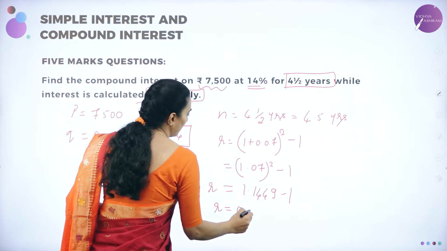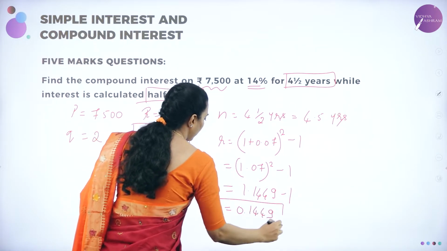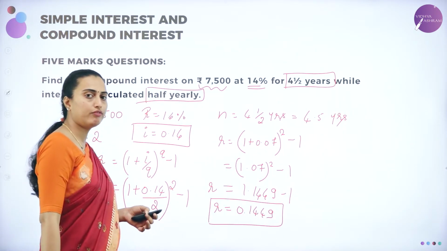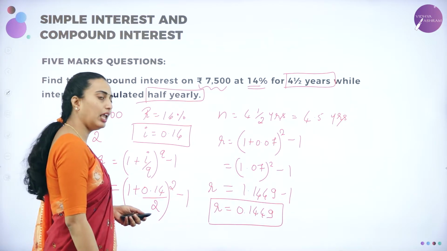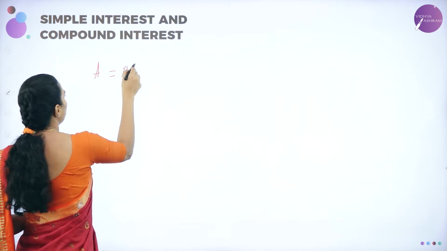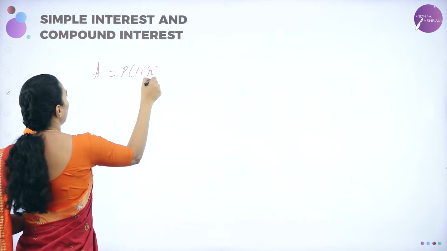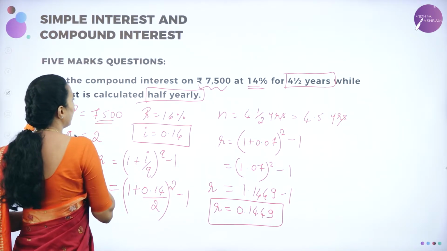Therefore R will be equal to 0.1449, otherwise you are going to have it as 14.49%, isn't it? So next let us calculate A. A is given by the formula A is equal to P into (1 plus R) whole to the power of N. P is nothing but 7,500.